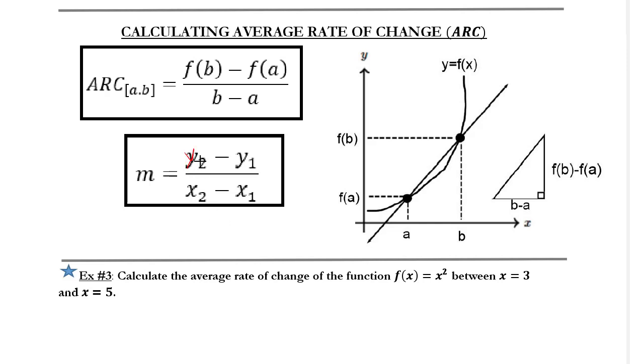So this y2 right here, this is the function value f of b, okay? So this could be our y2, y1, x2, x1. It's the same idea. We're still calculating slope. We're just doing it in a nonlinear function. So this is how we can calculate it.